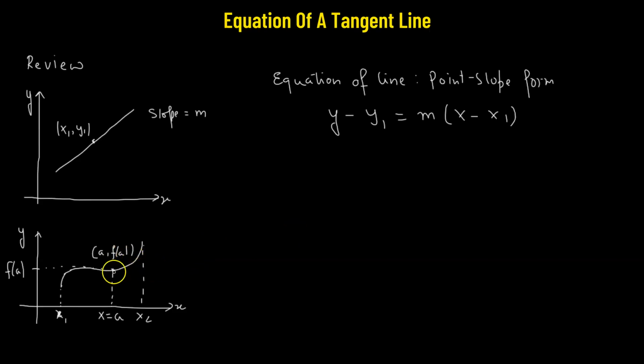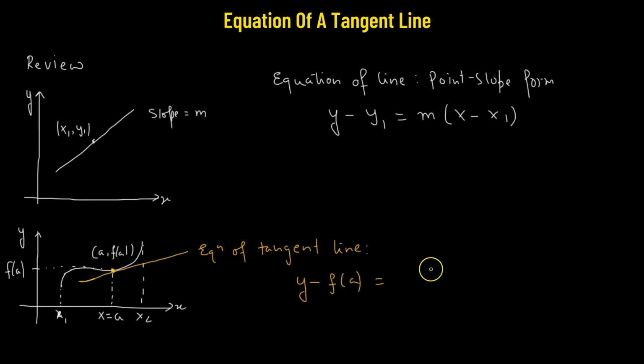Then if we draw a tangent to this curve at this particular point, the equation of this tangent line, which is a straight line, will be given by the point slope form. So we will have y minus y1, where y1 is the y coordinate of the point we have considered, which is f of a, equals the slope.